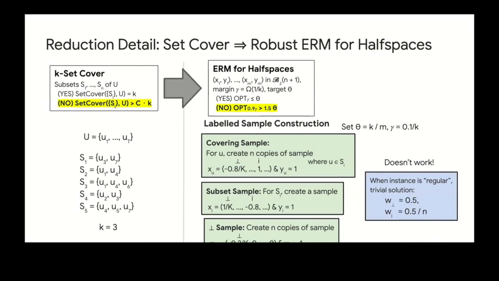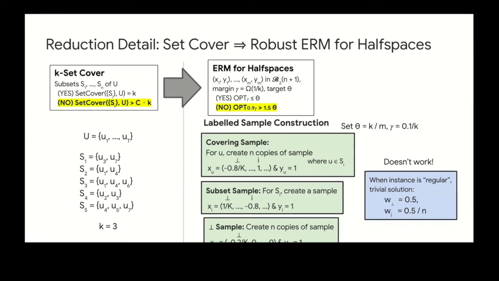Even when the set cover instance is a no instance, where there is no set cover of small size, there is still a trivial halfspace that correctly classifies everything with the margin that we want. And this halfspace is very simple.